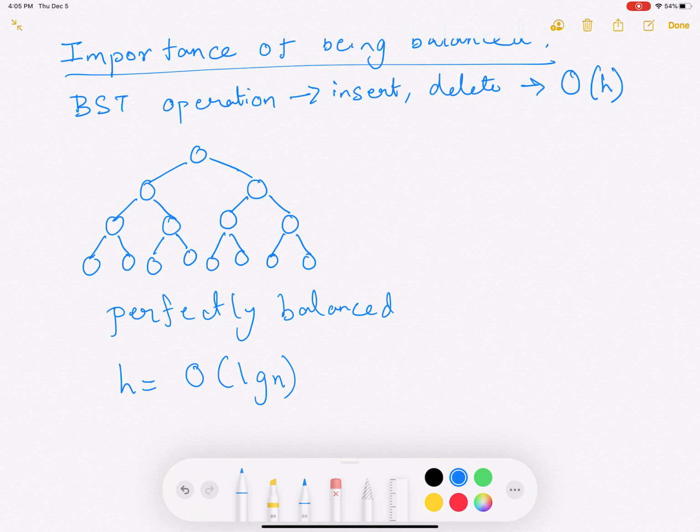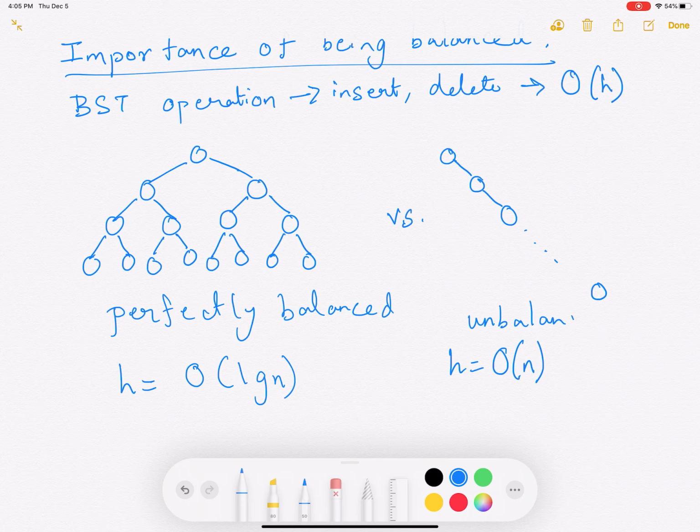In comparison, you can also have a binary search tree which looks like a path or a linked list. In this case, the height will be O(n) itself. This is an unbalanced tree.